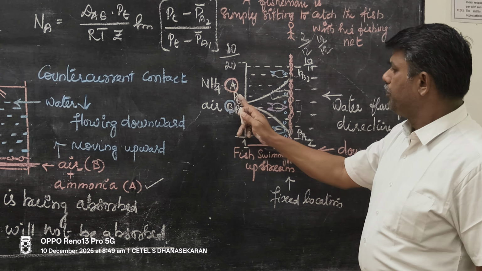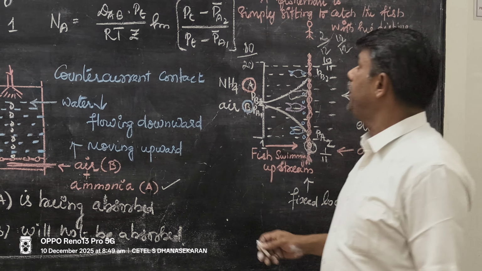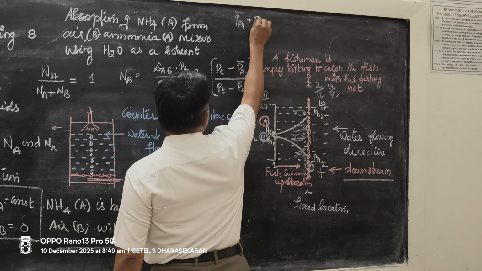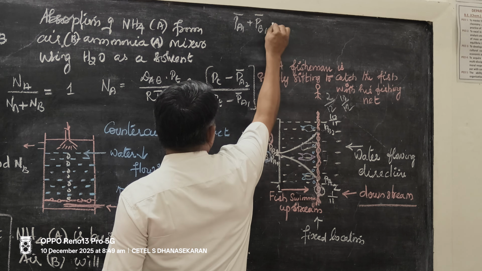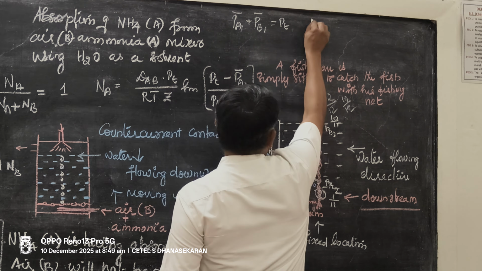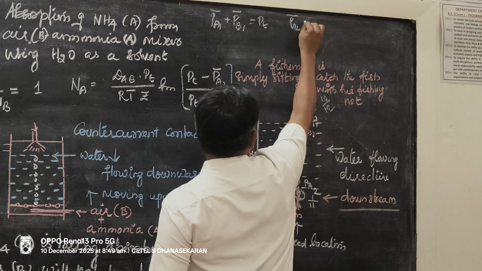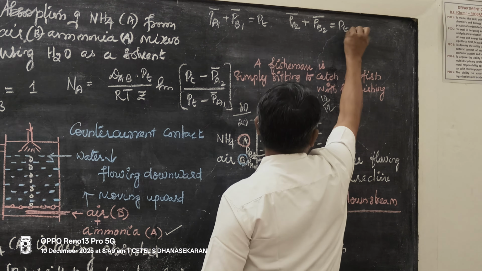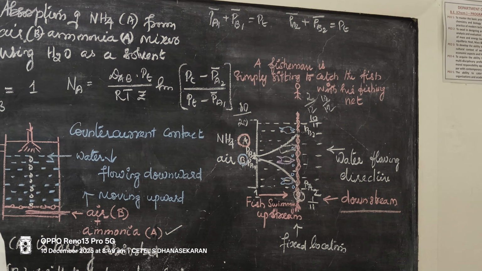Okay, leave such things. PA1 bar plus PB1 bar is equal to total pressure. Similarly, PA2 bar plus PB2 bar is equal to total pressure. Both are same. Clear?